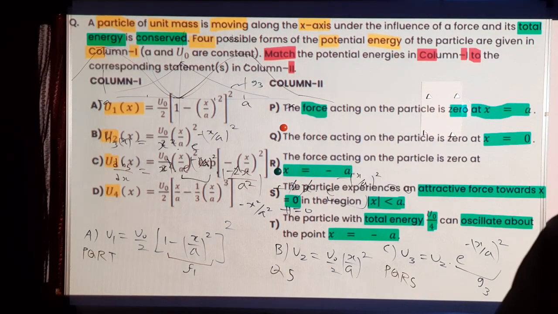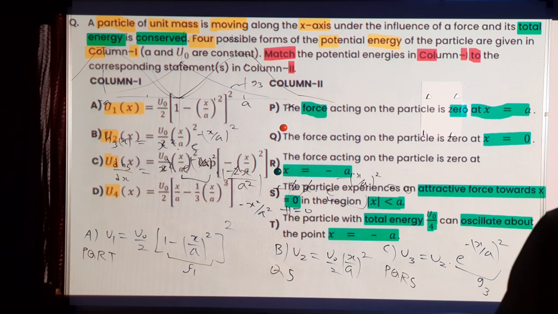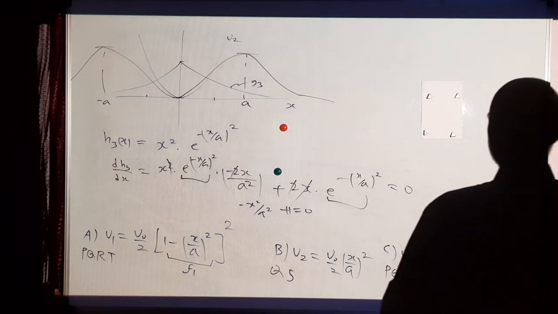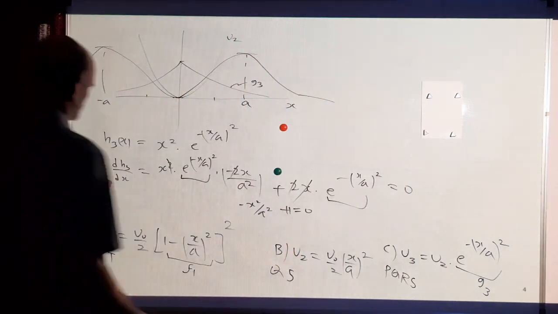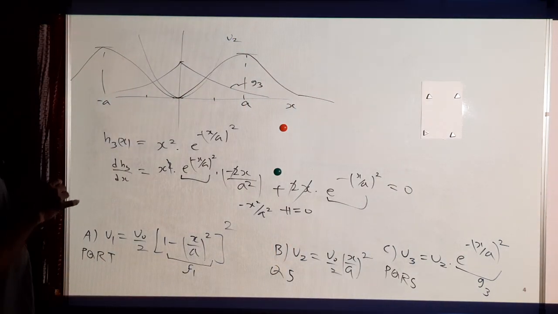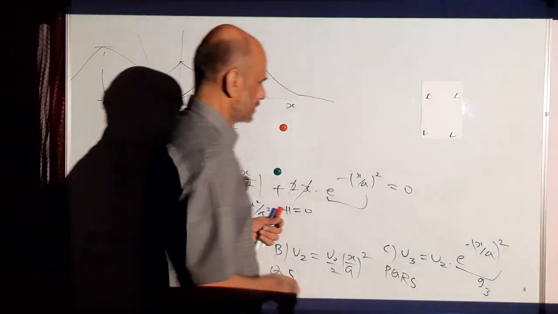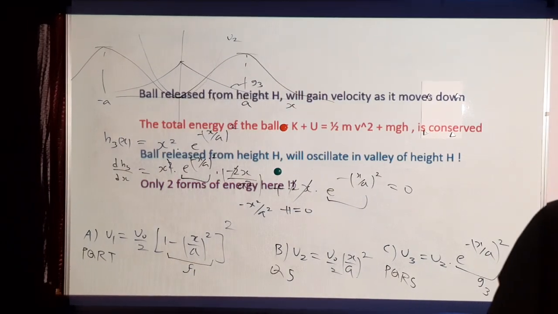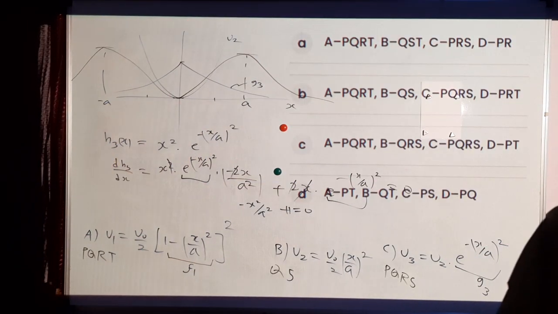Statement T, the particle has total energy U0 by 4 and will oscillate about x equal to minus a. There is no oscillation about minus a because that should be a minimum point. So statement T is not true. So PQRS, that's there in option B.